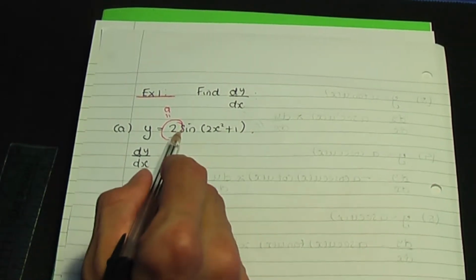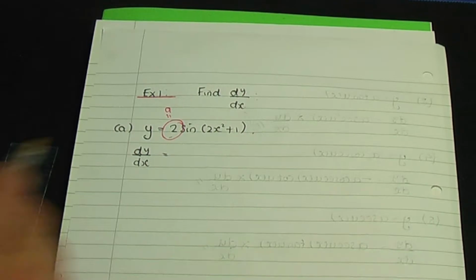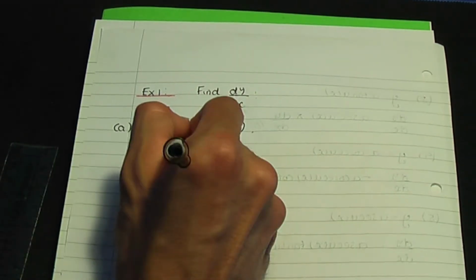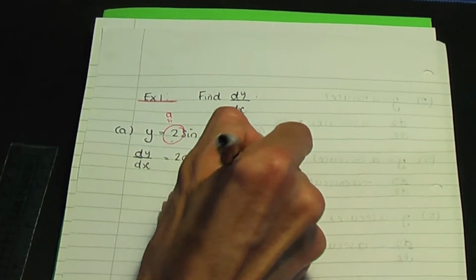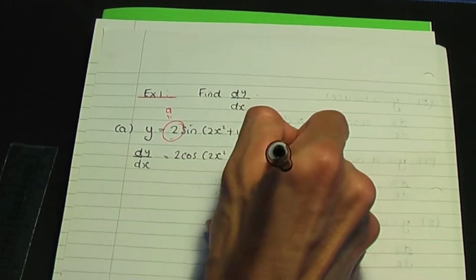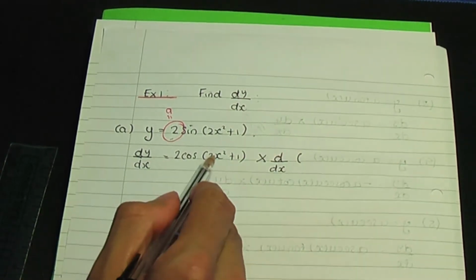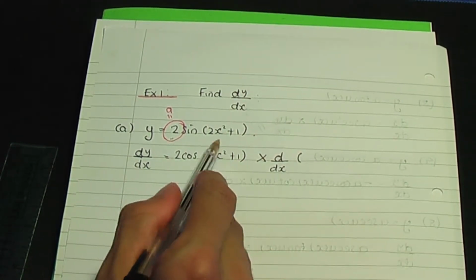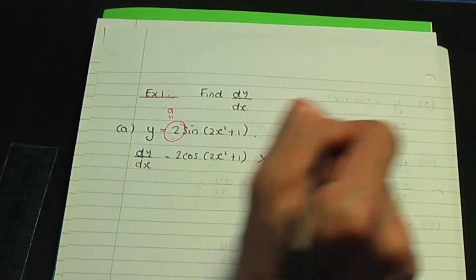So when I differentiate 2 sine 2x squared plus 1, 2 is a constant. When I differentiate sine, it's a cos, so 2 cos 2x squared plus 1. But we always multiply by d by dx of the angle. So ux is the angle, so ux is 2x squared plus 1.